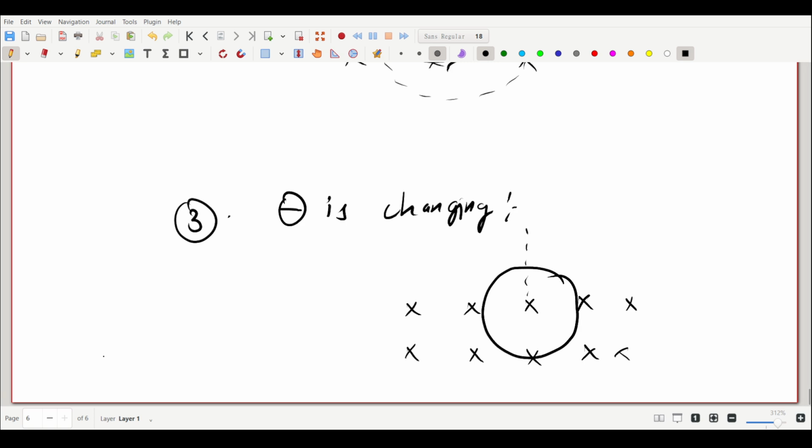This is the axis of rotation of the coil. It is continuously changing theta, because the area vector is continuously changing. B is fixed inside, but the area vector is continuously changing. That means theta is changing. If this happens, then also a current induced was observed in this particular direction.